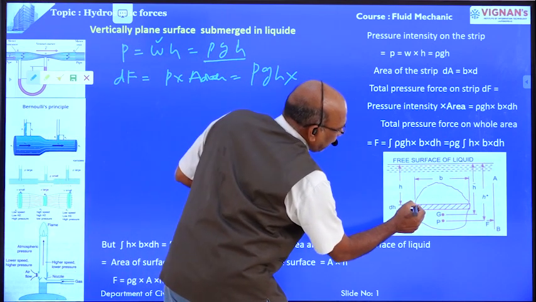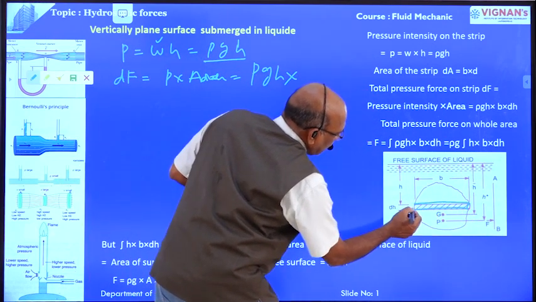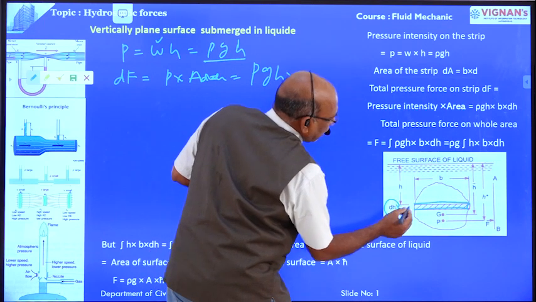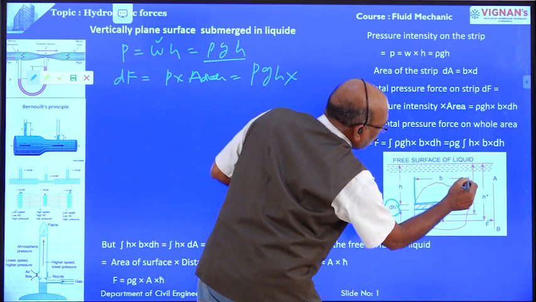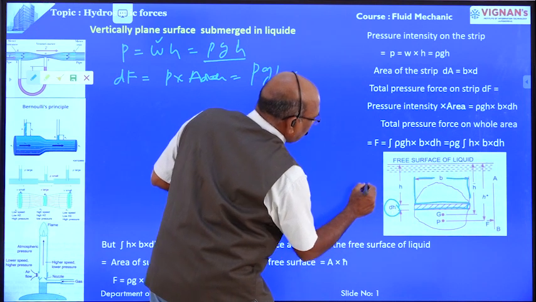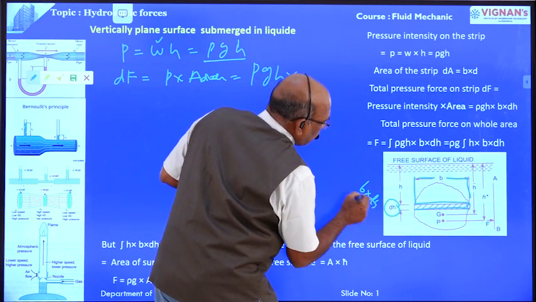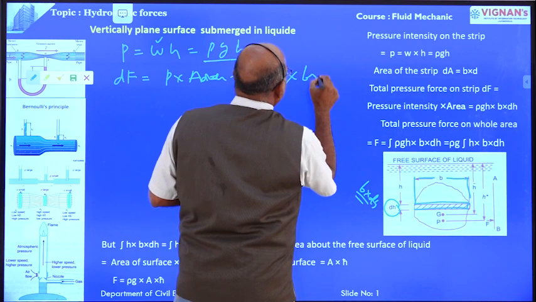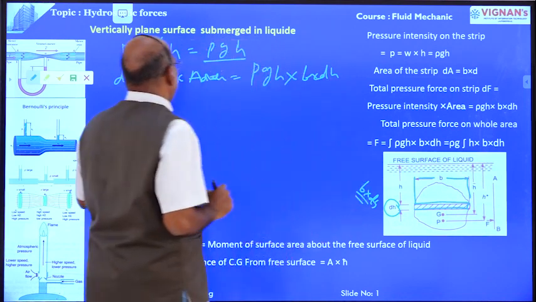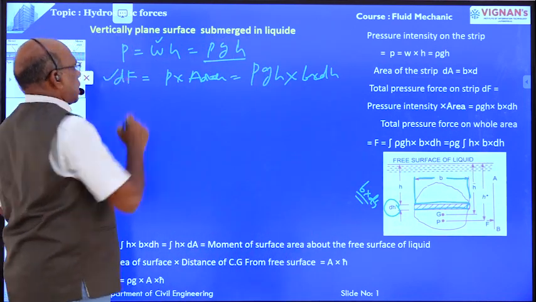The depth of the strip is dh and the width of the strip is b. Therefore, area is equal to b into dh. This is the force on the strip.